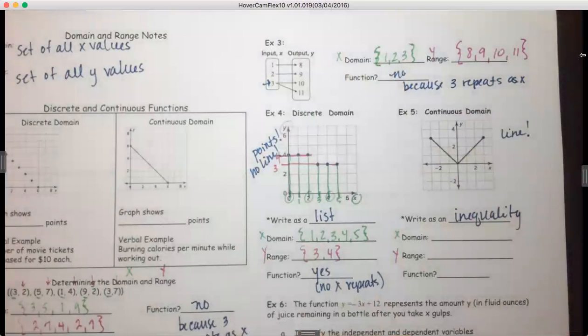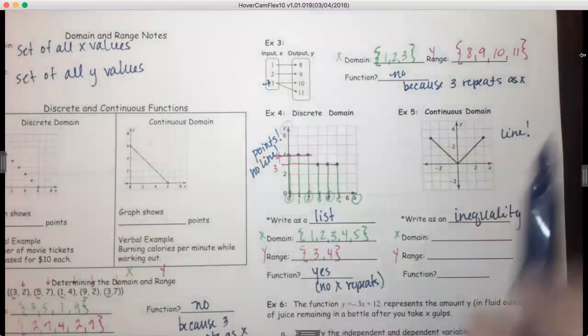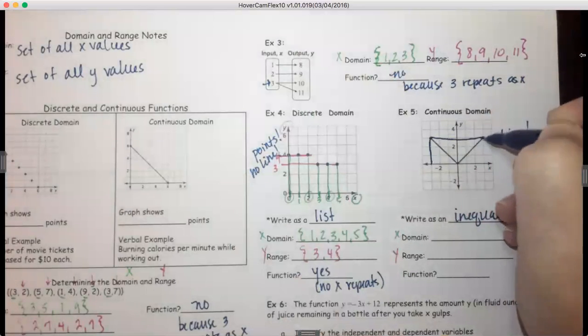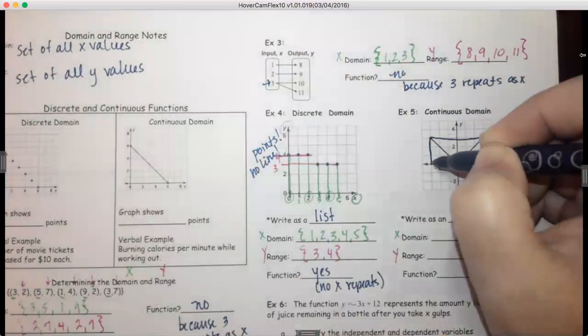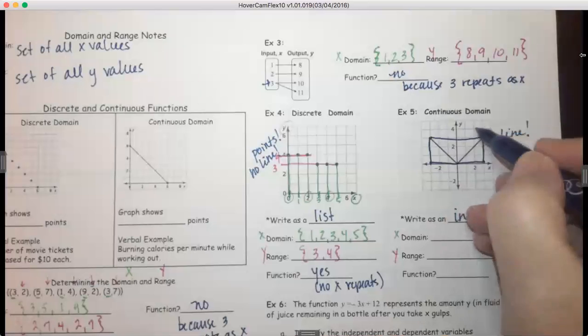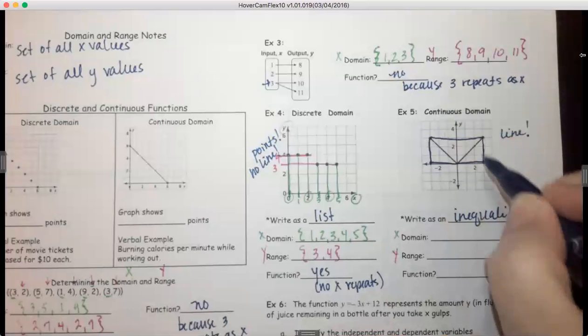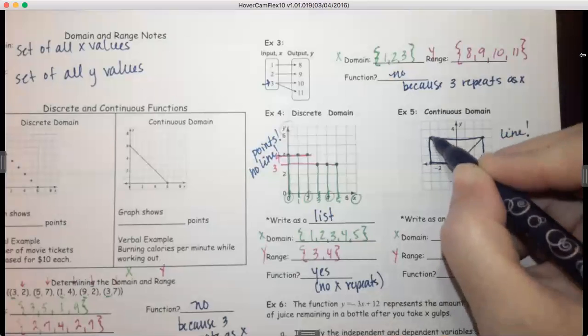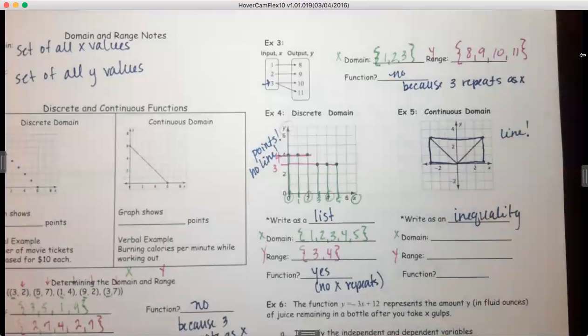Okay, now when you have a line or a graph like this, you are going to make a picture frame. You want to squeeze that graph right in that picture frame. Notice I didn't draw it up here. I didn't draw it way out here. I drew from point to wherever the bottom point was. I made a real tight picture frame.